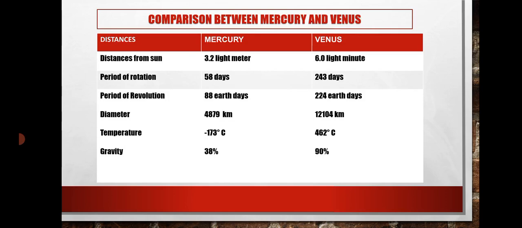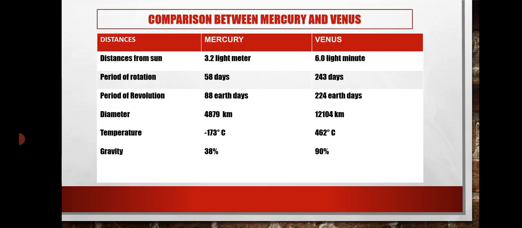Now, comparison between Mercury and also Venus. Distance from the sun, we said Mercury is 3.2 light meter. Venus, distance from the sun is 6.0 light meter. Now, the period of rotation: that's 58 days for Mercury, 243 days for Venus.